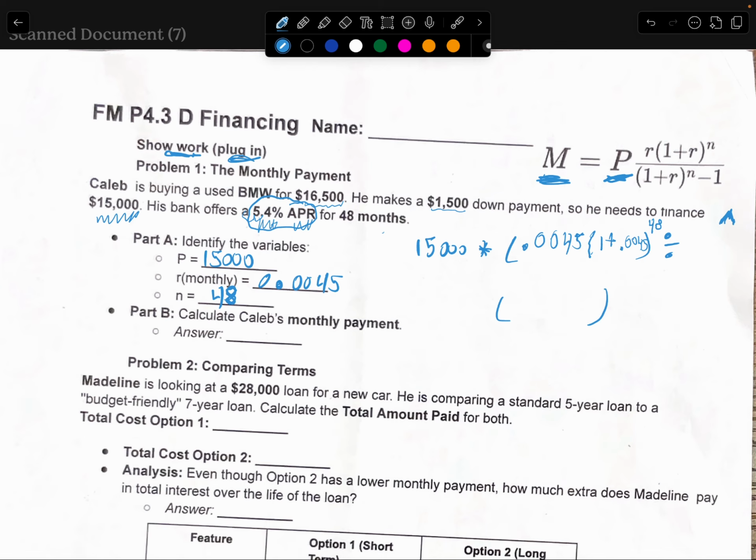Okay, divided by, and then we get the bottom of the fraction, 1 plus 0.0045 to the 48, almost the same thing as up top. Okay, and then we need to go down here and say minus 1. All right, so let's see, what's the answer when we do all that?